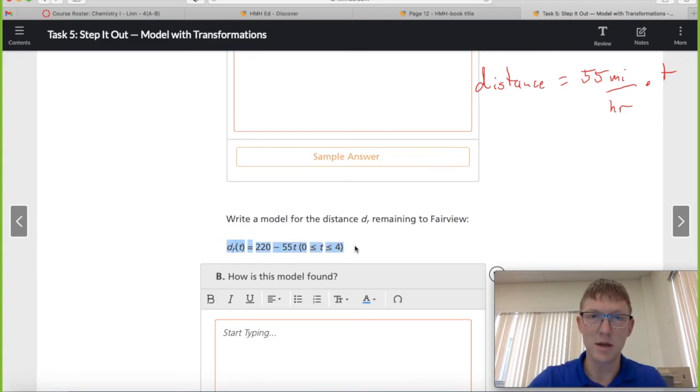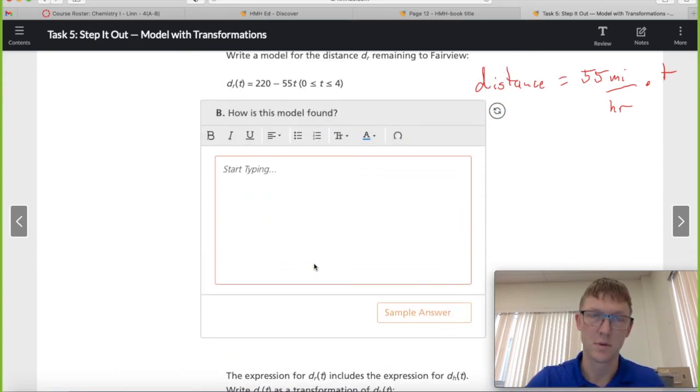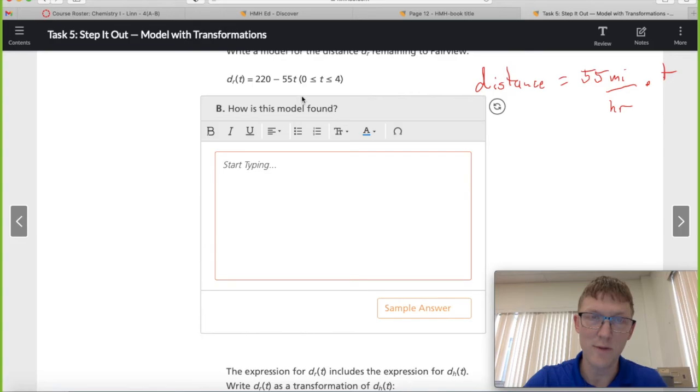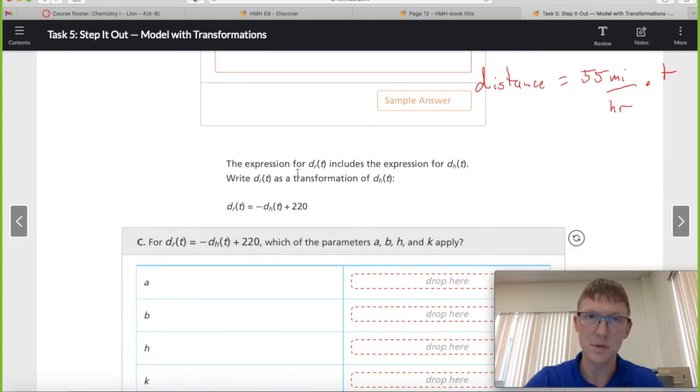So there is, I guess, our new function. They ask, how is this model found? Okay, we just talked about that. The expression for d_r of t includes the expression d_h of t. Write d_r of t as a transformation of d_h of t.